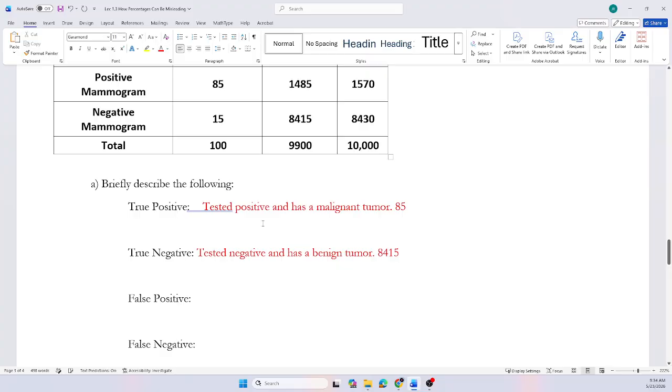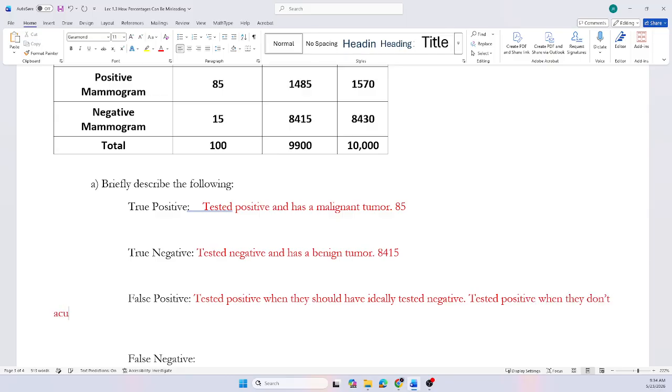So what this indicates is that someone tested positive when they should have ideally tested negative. In other words, they tested positive when they don't actually have a malignant tumor.